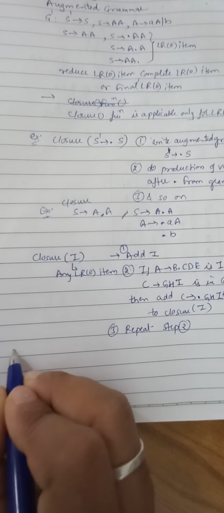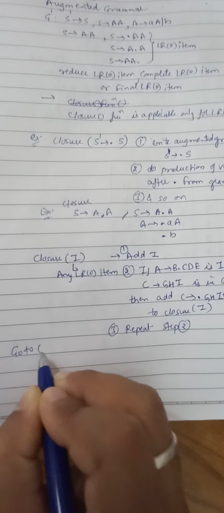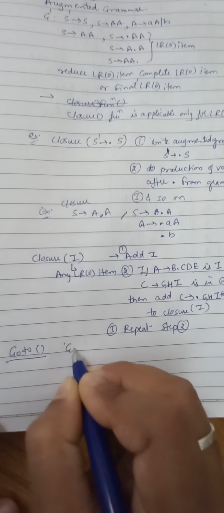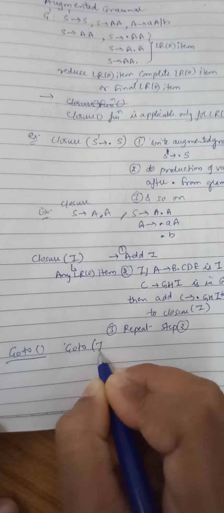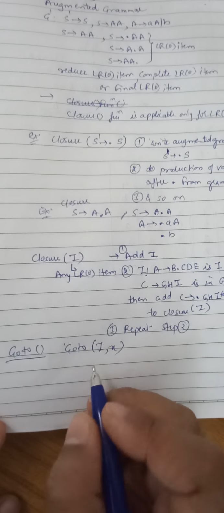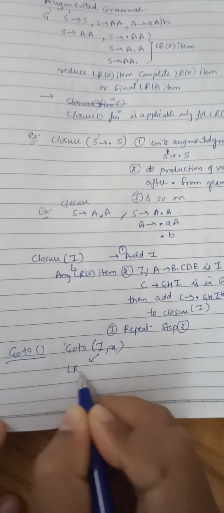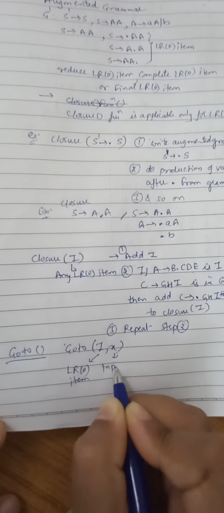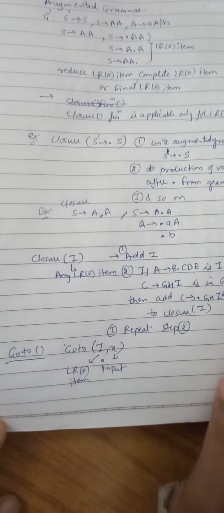And for Goto, in a similar way, we write Goto(I, X), where I is an LR0 item and X is the input.